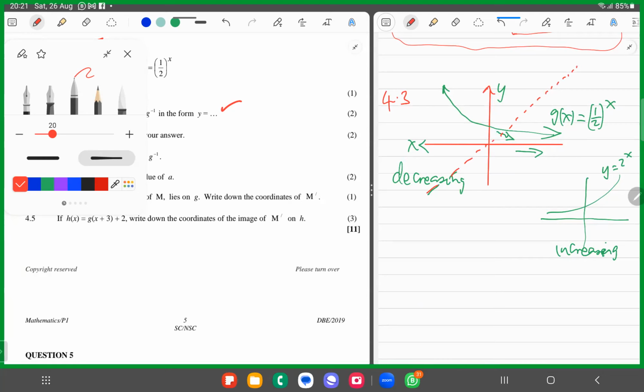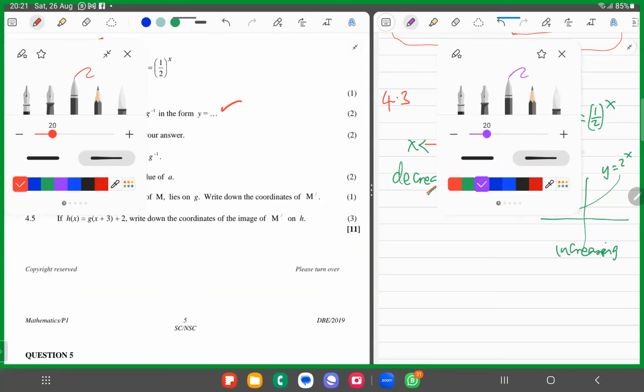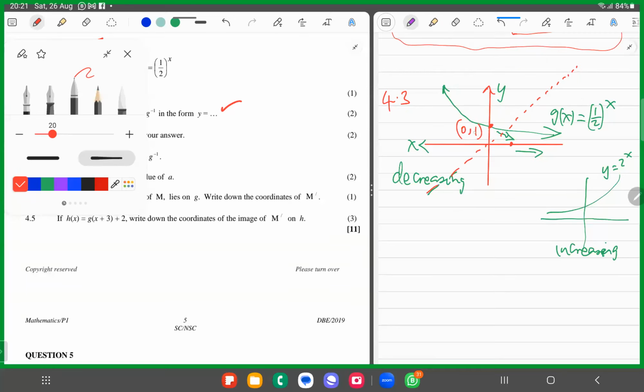So if this one is the point with coordinates 0 and 1, the inverse function, which is the mirror image, will actually switch the coordinates. So it will switch the 0, 1 point to the 1, 0 point. Once it switches the 1, 0 point, we have this.